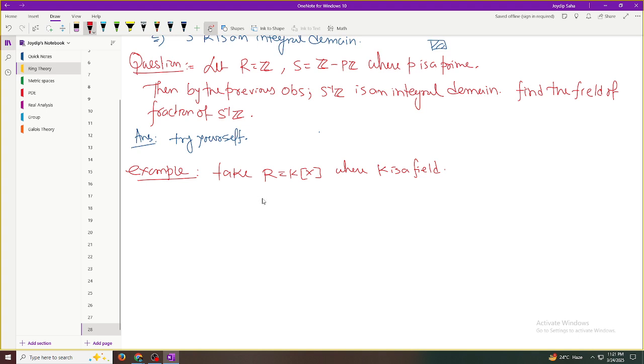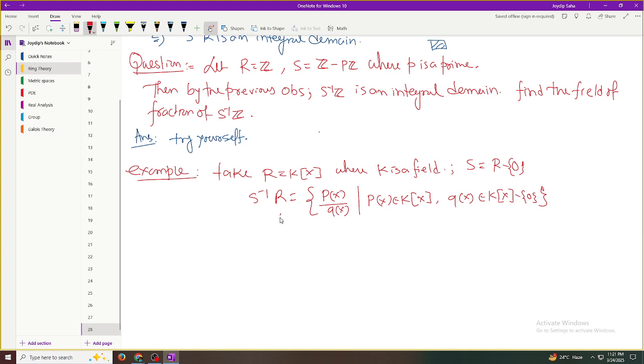Then for the field of fractions, S equals R minus 0, and S inverse R equals p(x) by q(x), such that p(x) belongs to k[x] and q(x) belongs to k[x] minus 0.